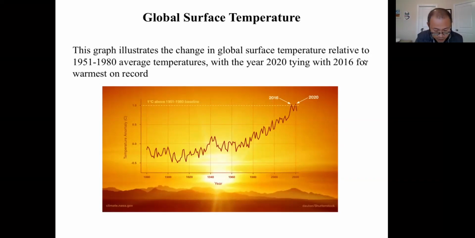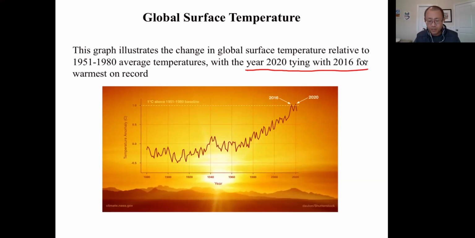The year 2020 tied with the year 2016 for being the warmest on record. You can see compared to the average temperature around the 1980s, the temperature rose approximately 1 degree.